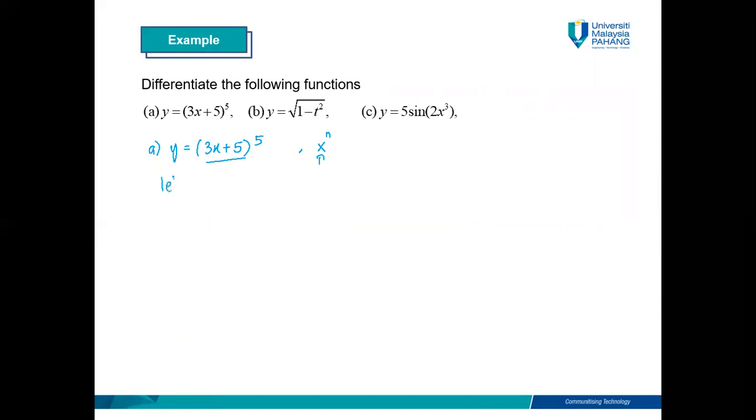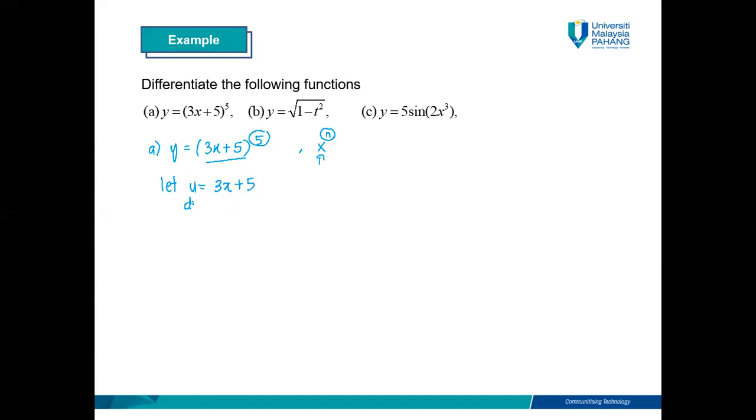Let u be the part that we alter, that will be your u. The x now becomes 3x plus 5, power of 5, the same as n. N is a real number. Let u be equal to 3x plus 5.